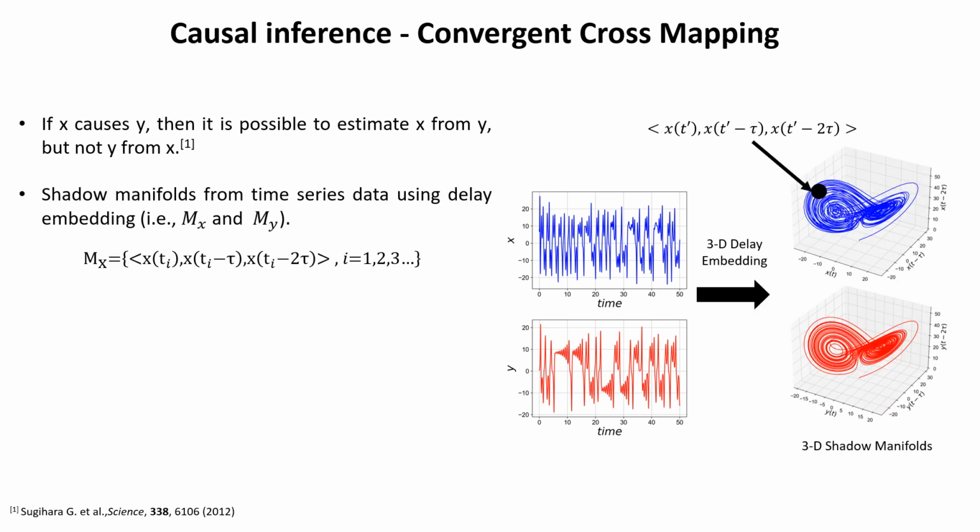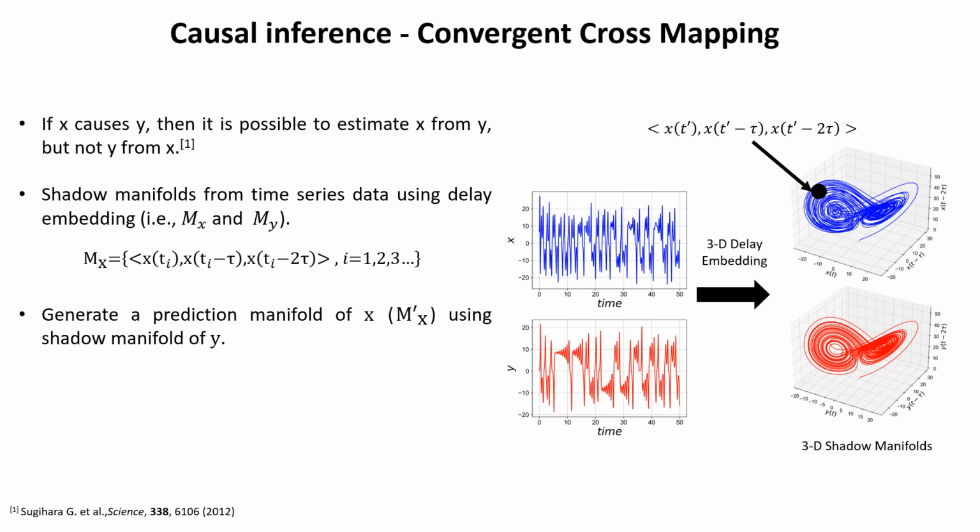First, we use delay embedding to obtain shadow manifolds for both x and y. Since we are trying to see whether we could predict x using y, we then estimate a new manifold using the values of y manifold, or the points of coordinates of y manifold.